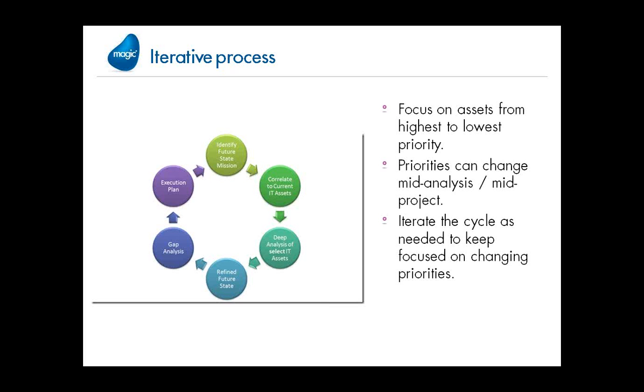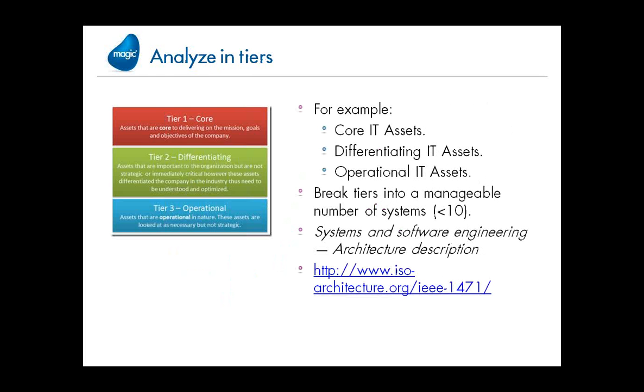So focus on assets from the highest priority to the lowest priority. These can change, so it's not set in stone, but it is important to prioritize, and then just keep iterating that cycle as needed to keep focused on changing priorities.